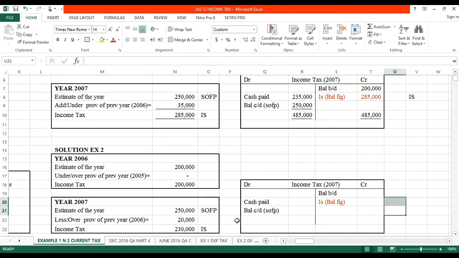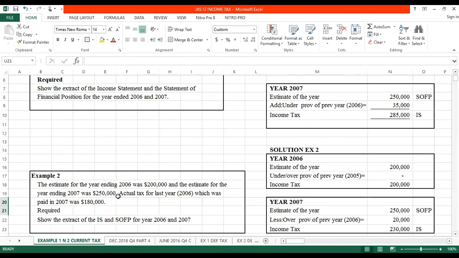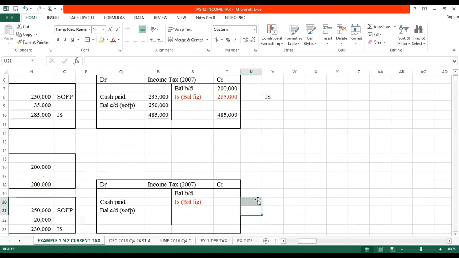Okay, so let's look at this. In the year 2007, what was the balance brought down? Opening balance. The estimate for the year ending 2006 was 200, and the estimate for the year ending 2007 was 250. So opening is 200. Closing is 250. Now, what was the cash paid?